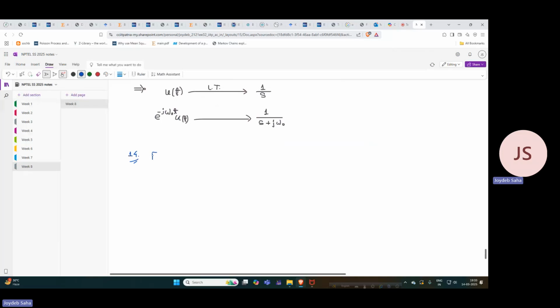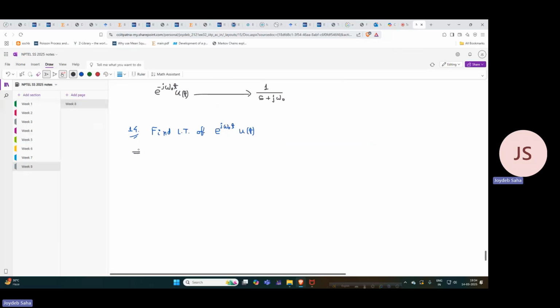Find the Laplace transform of e to the power j omega 0 t u(t). So again, in a similar manner, we will solve it.